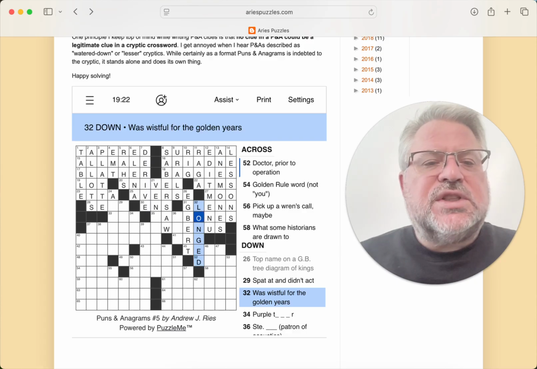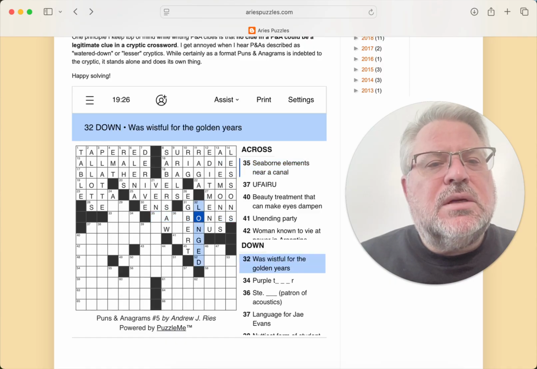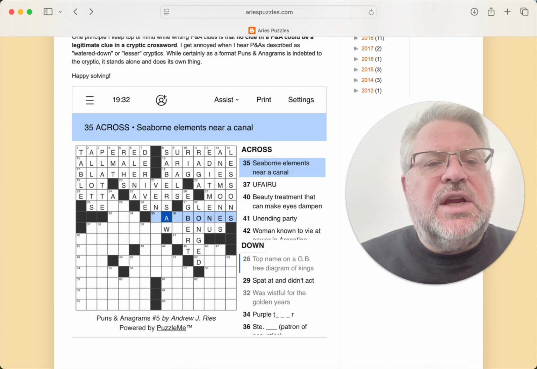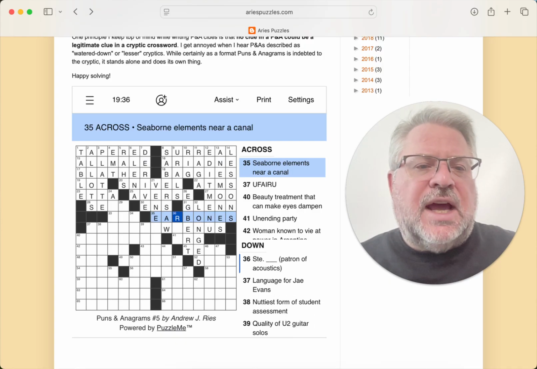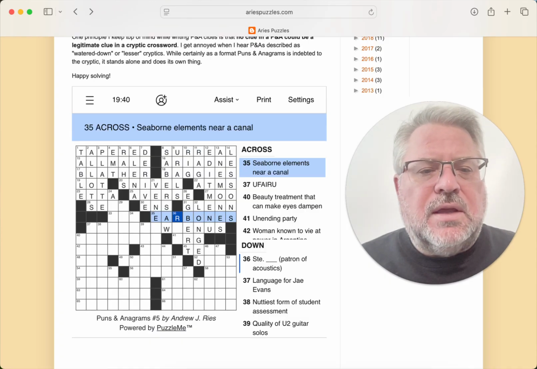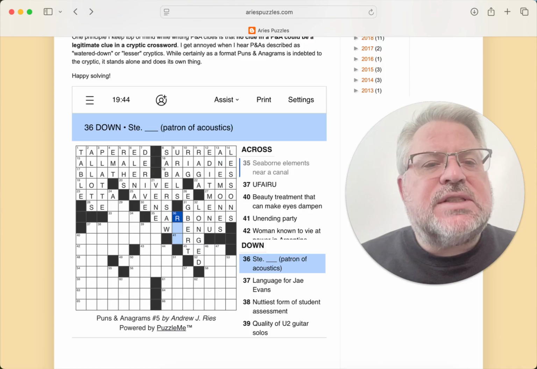You were wistful for them, using an anagram of golden. So these are bones. Your ear bones. Ear bones is an anagram of seaborne, and they are near your ear canal, the hammer, anvil, and stirrup bones. Okay.